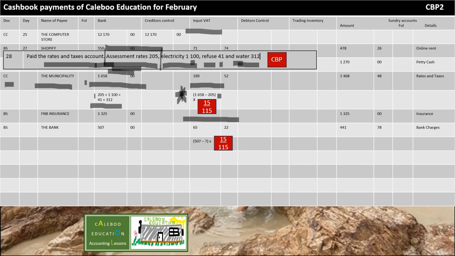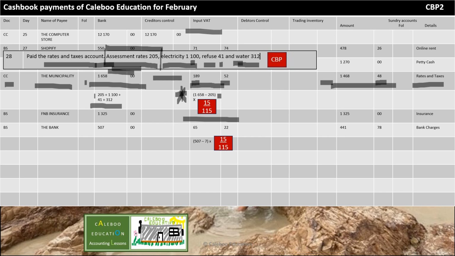And the amount of the input VAT is 189.52. And then the exclusive amount for rates and taxes is the total amount minus the input VAT, which is 1468.48.